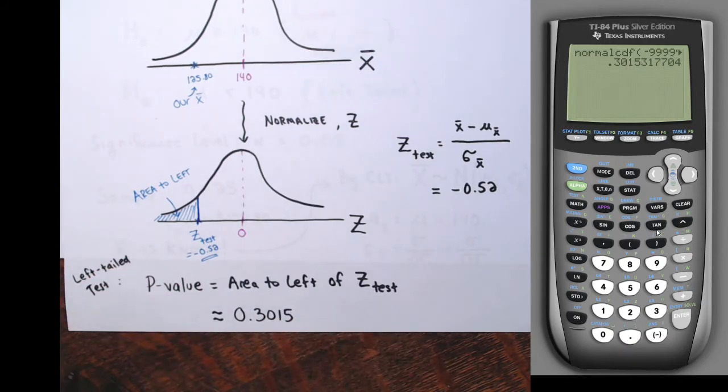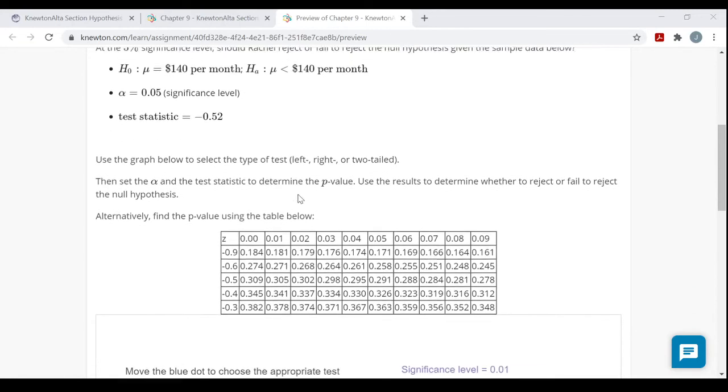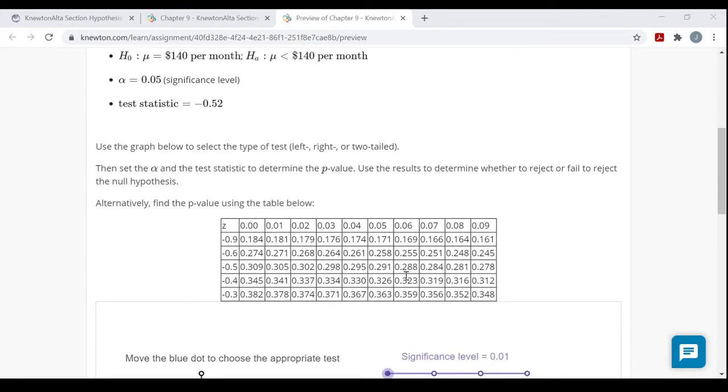Now, another way you could find this is from a table. They gave us a table back on the website here. Usually a z-score table gives you areas to the left, and that's what we're doing, a left-tailed test. So I look up my test statistic, a z-score of -0.52.